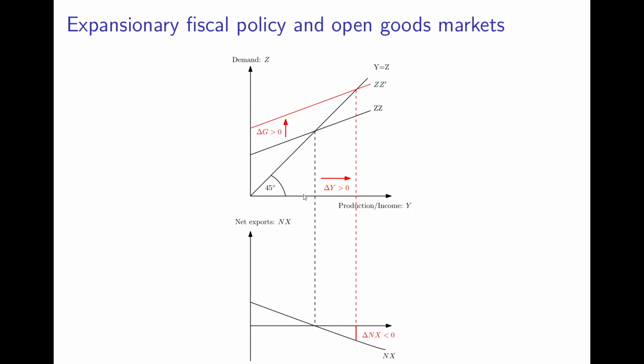It also illustrates that not the full increase in income is spent on goods produced at home, but there are some goods that are imported. And if you will, to some extent, a part of this fiscal stimulus is exported to foreign countries because they benefit from a part of this increase in government spending, the one that is spent on imported goods.